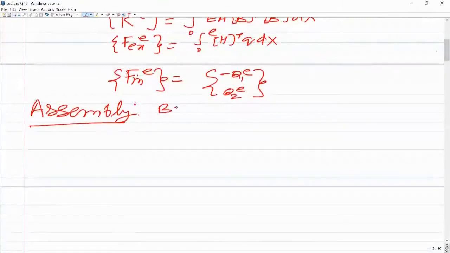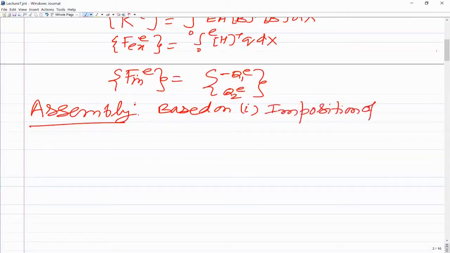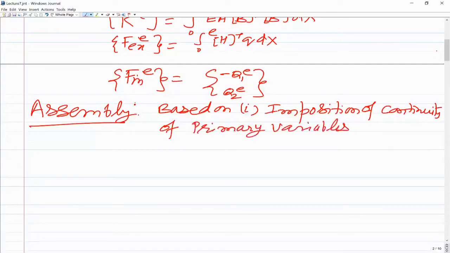Assembly is based on, number one, imposition of continuity of primary variables, that is in this case displacements u1 and u2, across the elements.